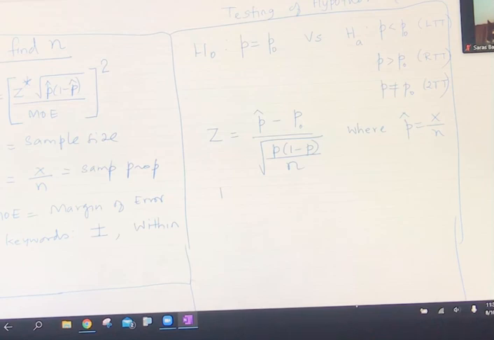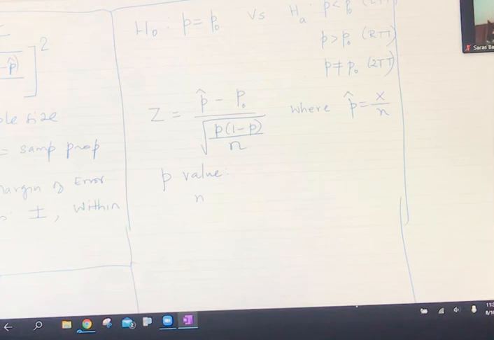And then the step number 3, as you know, immediately I'm going to calculate the p-value. So what is the p-value? If it is a left-tailed test, again, it is a normal CDF, negative infinity, comma, my favorite number, and that's going to be the z-score. And this is going to be for the left-tailed test. Just write it as left-tailed test.